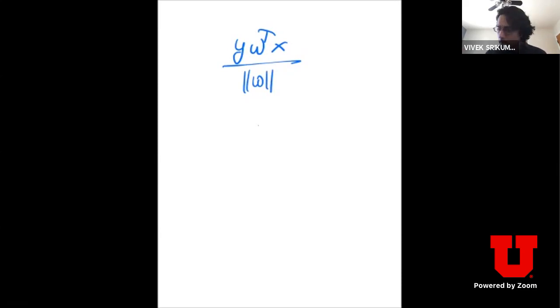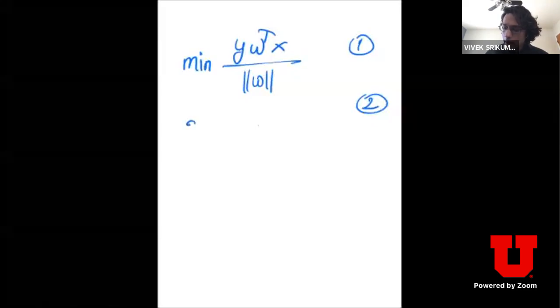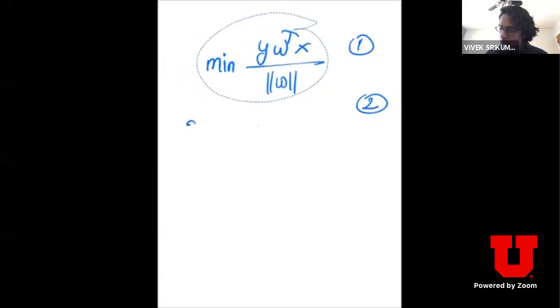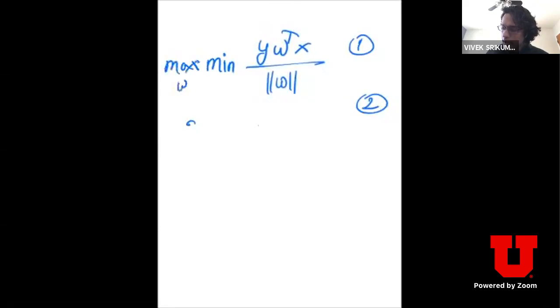Among all the examples of this kind, the smallest value of this is the margin. This was step one. In step two, if I want to maximize the margin, I want to find among all W's this quantity. The next thing that we did was, this is a rather tedious optimization problem. Let me change the problem by noticing that I can scale the W's up and down.